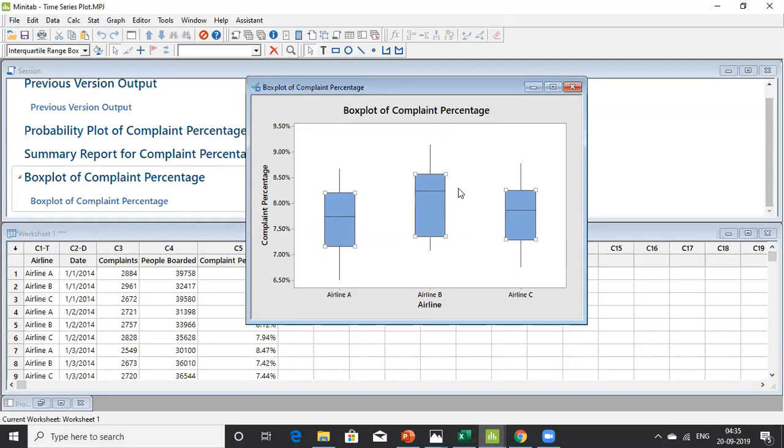And if I look at the spread, for example from the 25th percentile to the 75th percentile, the variation is quite high. The first two airlines have a higher variance than the third one. So this is how we read a box plot.